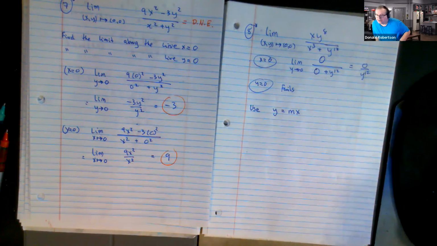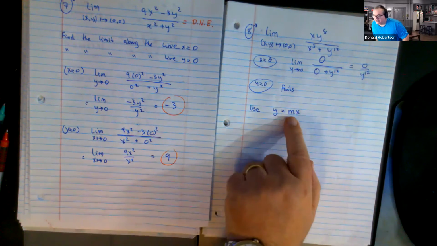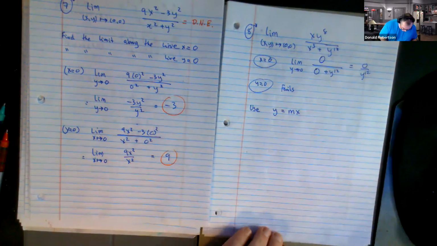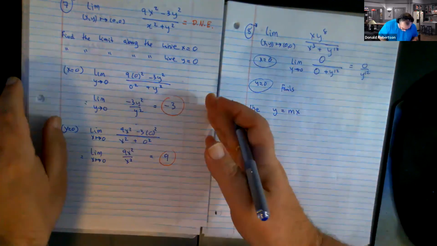So I'm not going to go along the x-axis. I'm not going to go along the y-axis. I'm going to go along a y equals 2x kind of axis, right? Now, I could call that 2x if I wanted to, or 4x. It doesn't matter. I'm just going to call it mx, so it's nice and general. And let's show you what the problem is.